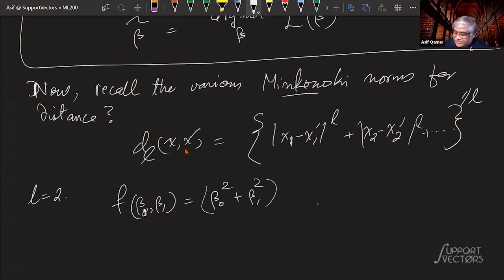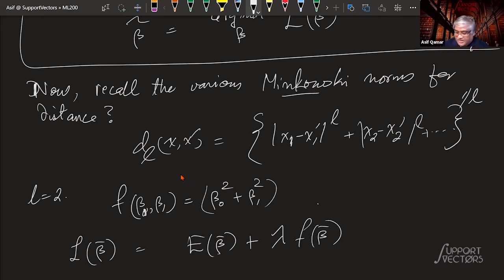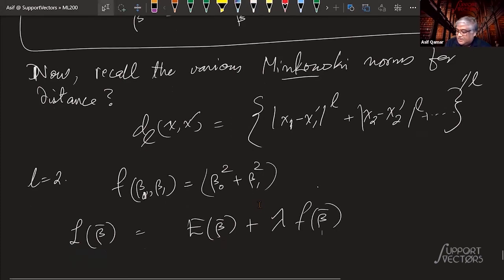And what was the error in the loss function? If you remember, the loss function was equal to the error function of beta plus lambda f of beta. Let us replace it with what they really were.